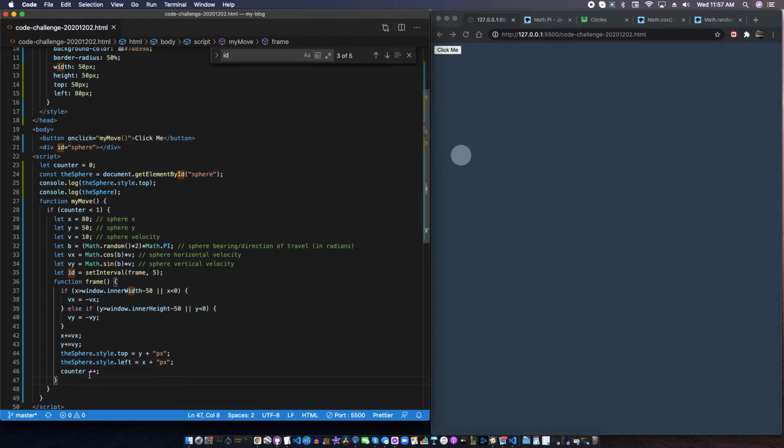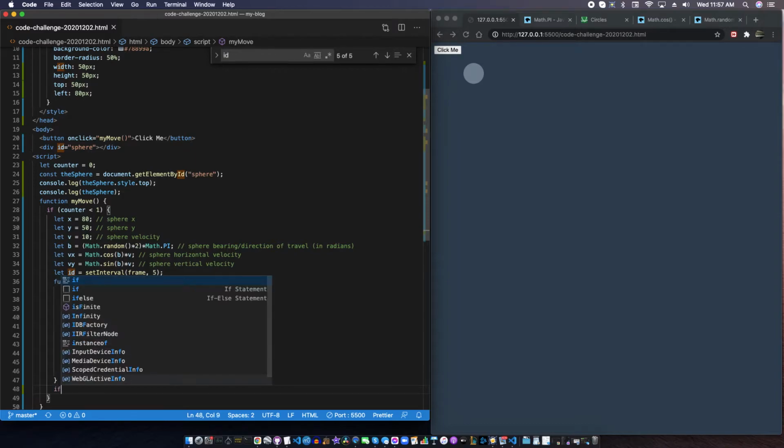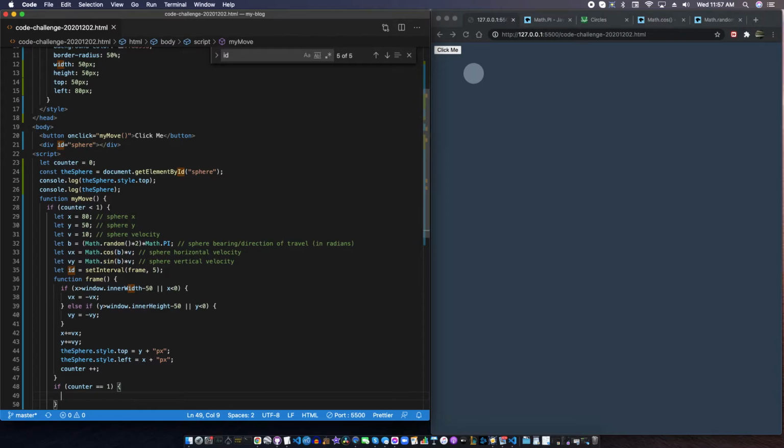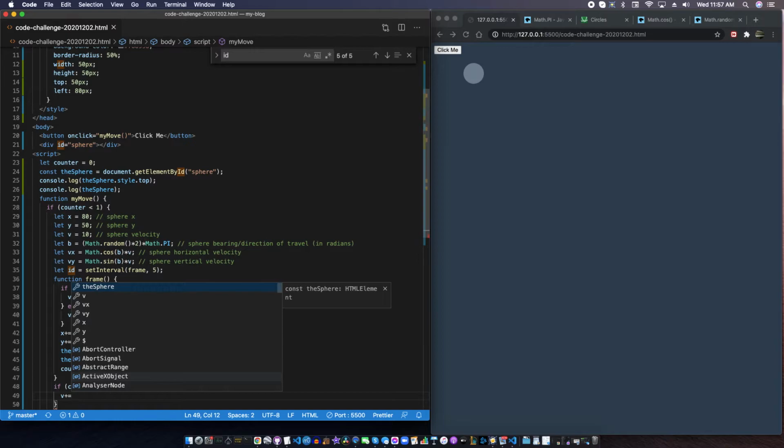if the counter equals 2, in the CodePen they gave me, I have it using a switch case, but here I'll just say, outside of this if statement, then if counter equals 2 or 1, then v plus equals 1.